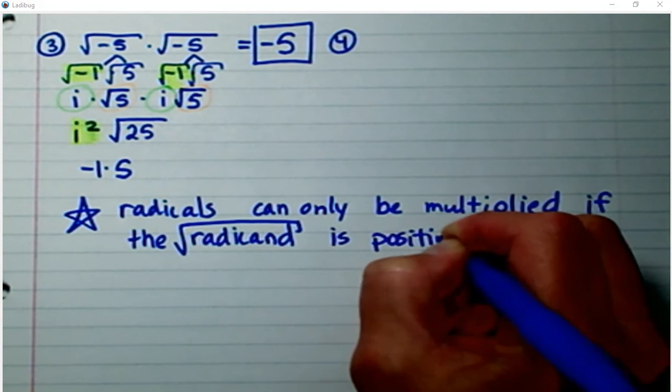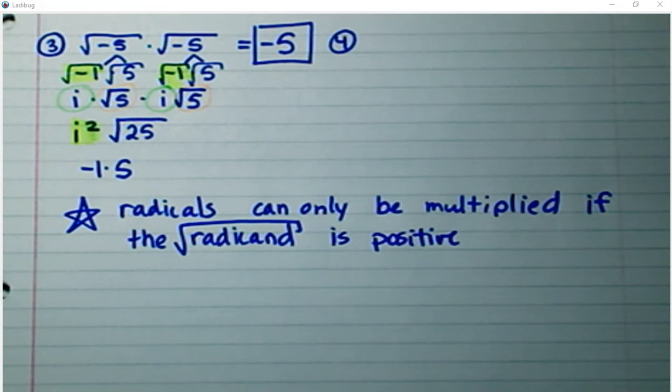What that means is you have to take care of the i part first before you multiply them together. So yes, you can, but you have to deal with that negative under the radical before you do it.